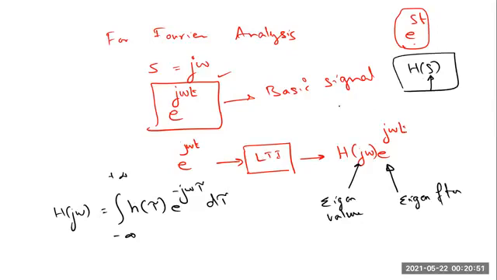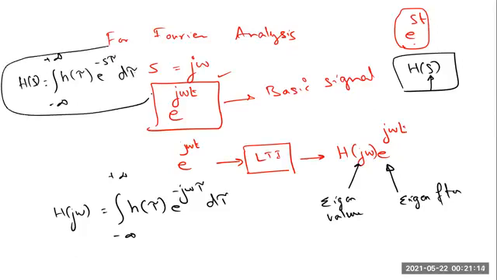What was the expression of H of s? Let me write it over here. When we calculated H of s, it was equal to the integration of h of tau e raised to power minus s tau d tau. So you can clearly see all I have done is replace s by j omega.